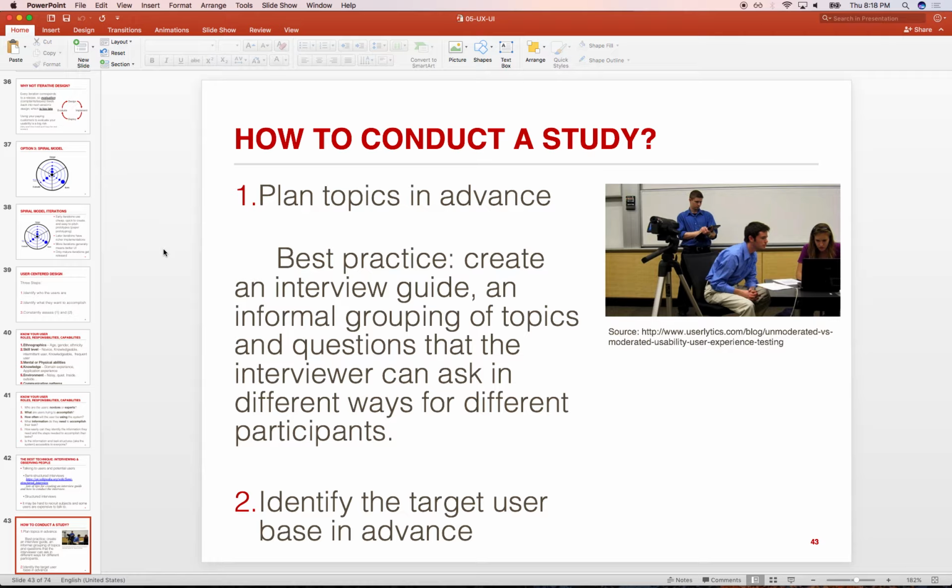What are they looking at? And you're going to ask them to speak aloud of what they are thinking about, and you're going to start recording these. How long did it take you to click this and find this and search and scroll, and all this is going to be tabulated and data mined to see what problems they found, right?